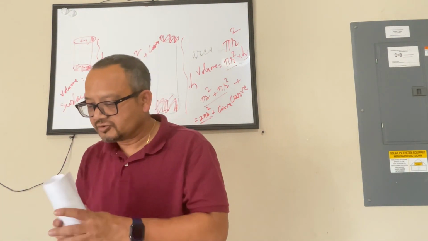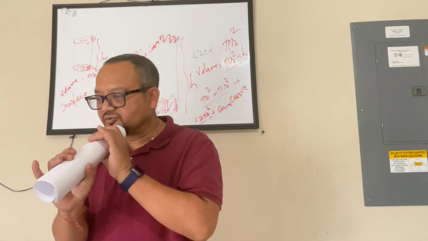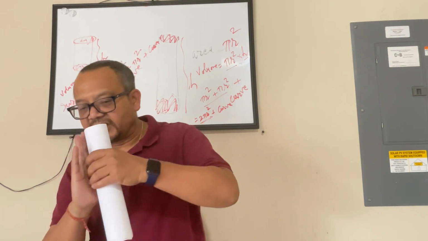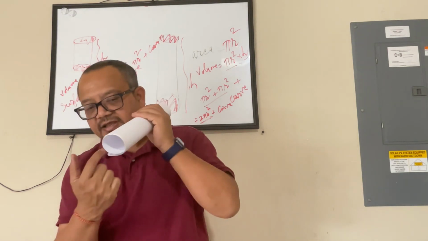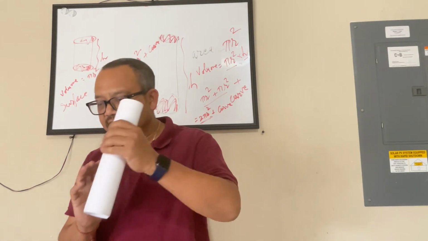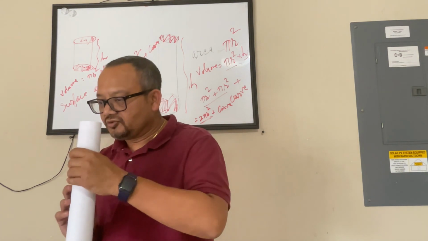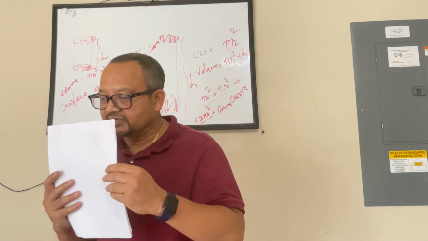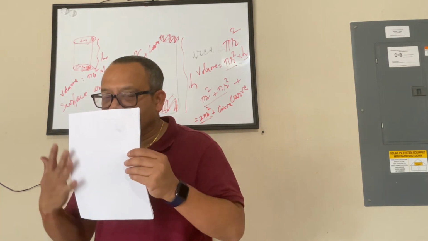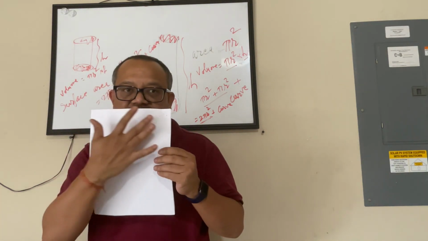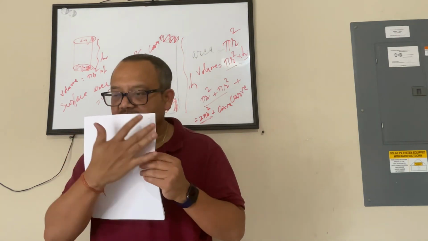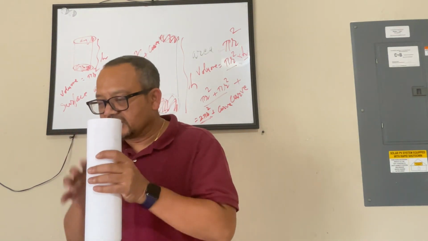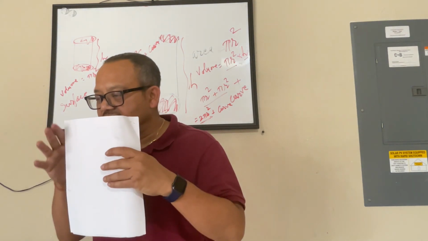What did I do? I folded this to make it like a cylinder. So we are trying to find out this curve. Here, this is a radius. To find the surface area of my curve, I unfold this. One side I know, this is the height.